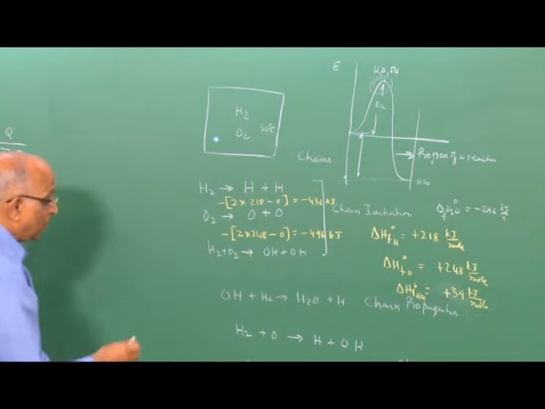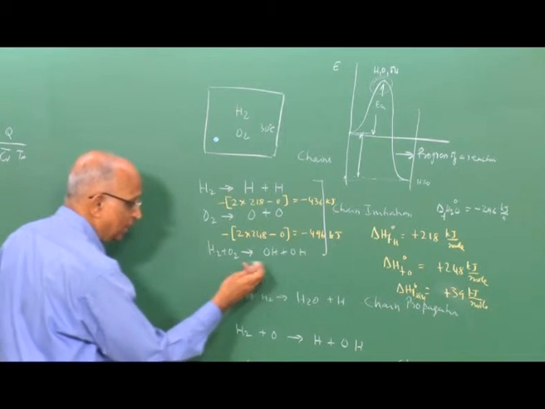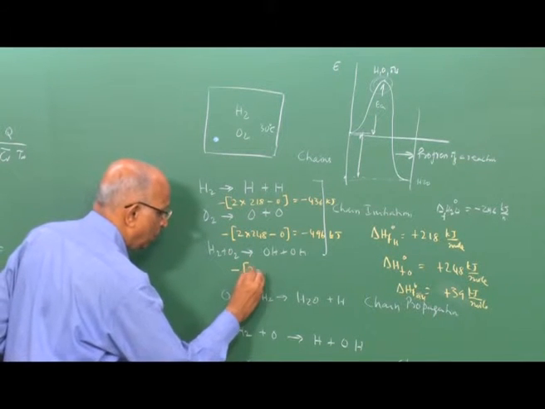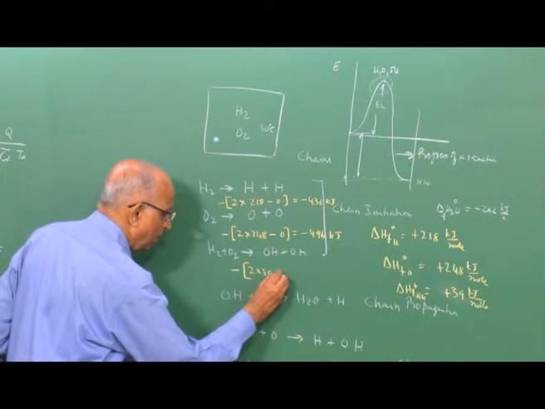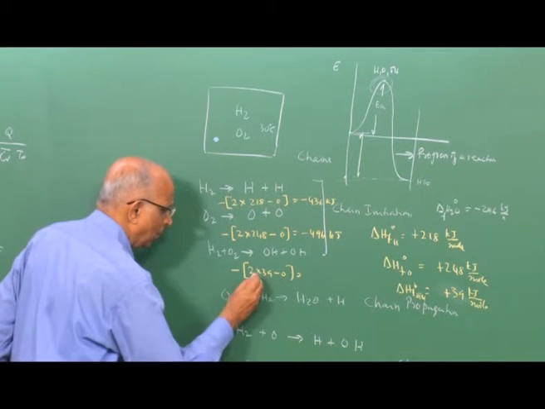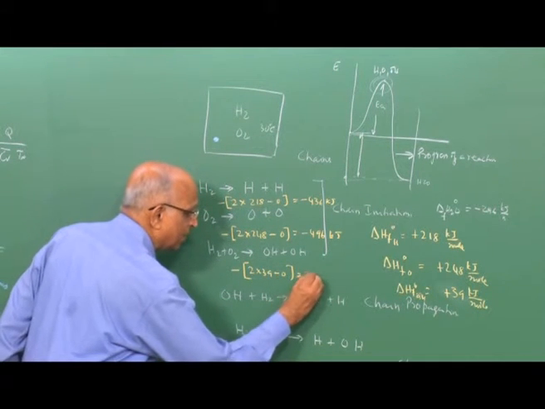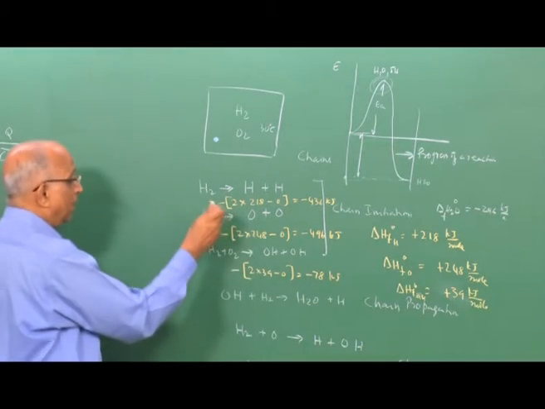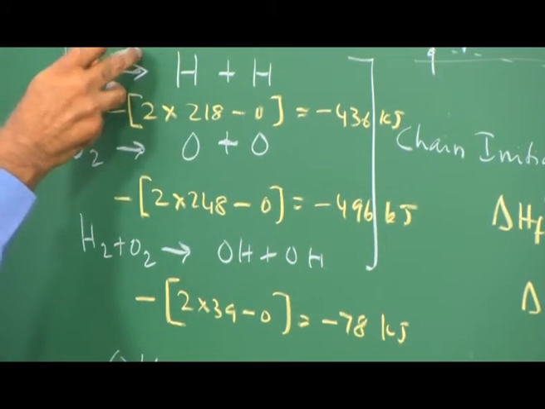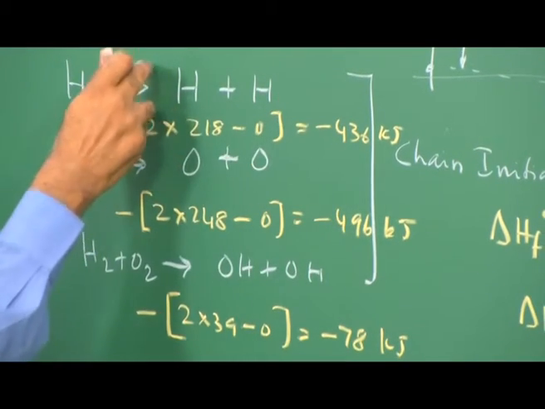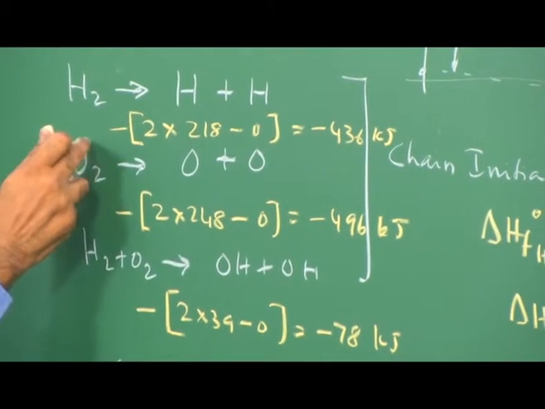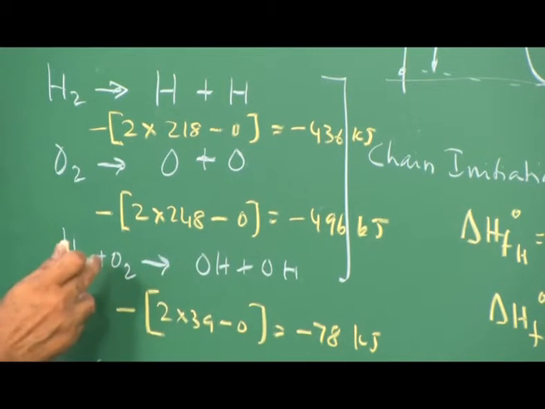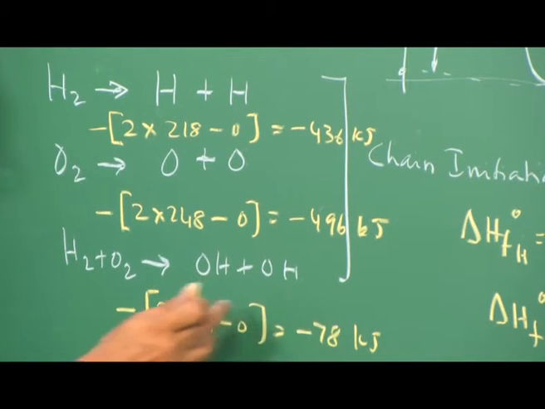If I take a look at this reaction, these are stable things, I have OH over here, the heat of formation is minus 2 into 39 minus 0, that is minus 78 kilojoules. In other words, the heat of reaction over here is minus 436 kilojoules, the heat of reaction of O2 dissociating into O is minus 496, and the heat of reaction is minus 78.